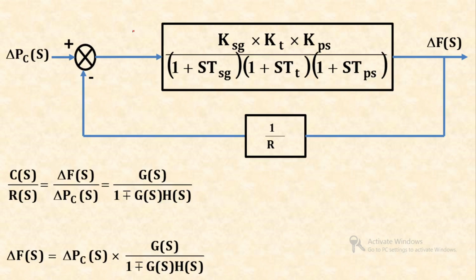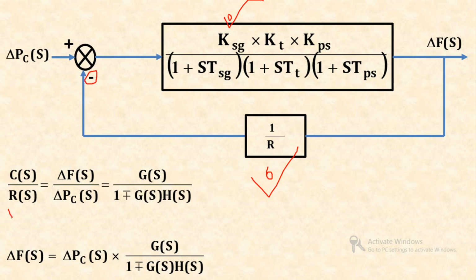So this is the simplified block diagram: delta PC of S, multiplied by the forward path gain, and this is the feedback path gain. Again please note that the feedback path has a negative sign.